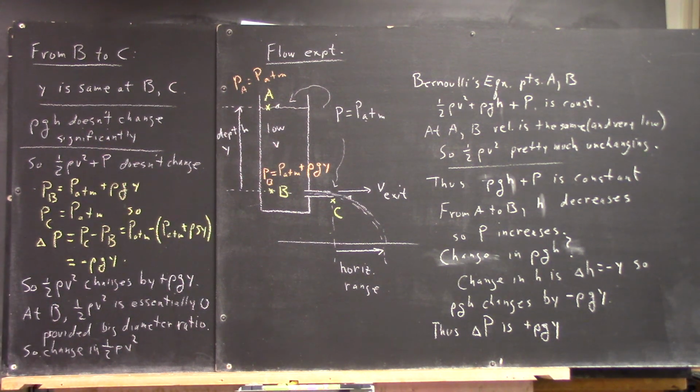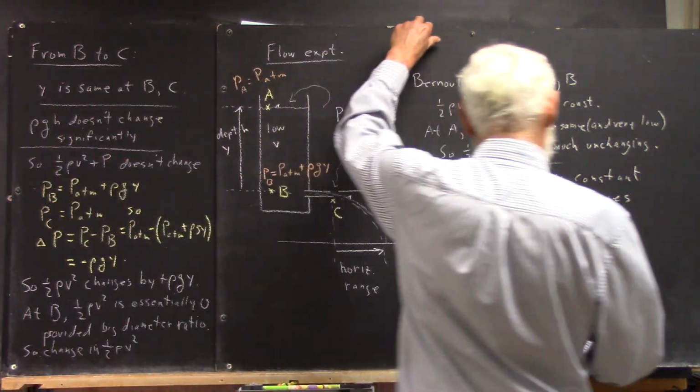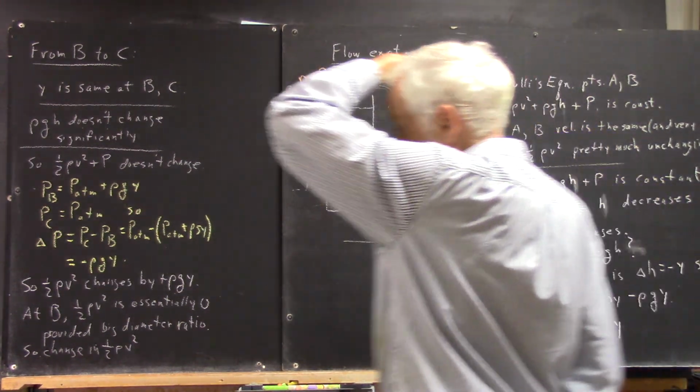So the change in 1/2 rho v squared is pretty much, I didn't leave myself enough room, but I think I can see just a little bit more in here.